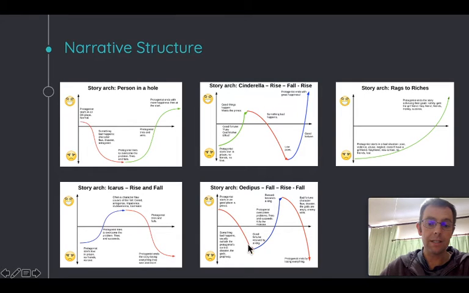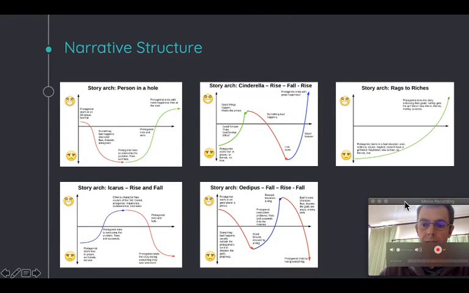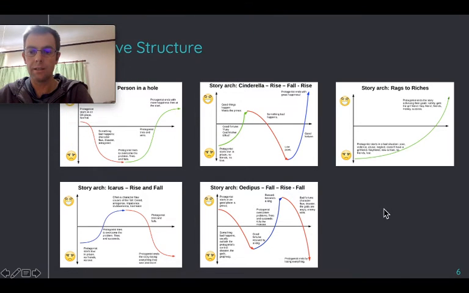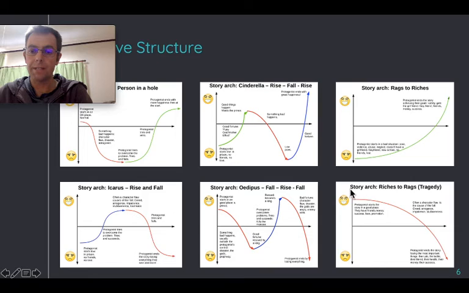Things start out okay, get really bad, really good, and then really, really bad at the end. And then finally, the riches to rags, where things start out pretty good and end pretty bad. So this is a tragedy. These can be tragedies as well. What makes them a tragedy is that the fall at the end is due to a character flaw.